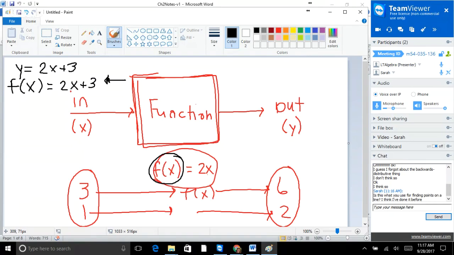In your head, you can kind of think of it like a y. It's what you get out of the equation. But because this is a specific type of equation that has some specific rules about it, we have a separate name for it. So we say f of x equals 2x plus 3. But it kind of works in the same way, right? Your x is what you put in, and your f of x is what you get out. Just like your x is what you put in, and your y is what you get out.